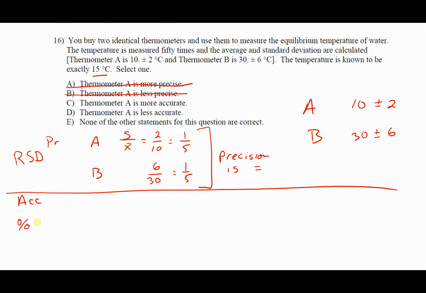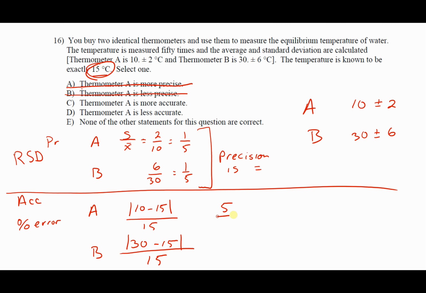Okay, well then let's look at their accuracy. So we're going to look at the percent error, right? And so for A, here's our theoretical value. It's going to be the absolute value of 10 minus 15 divided by 15. And for B, right, it's going to be 30 minus 15 over 15.